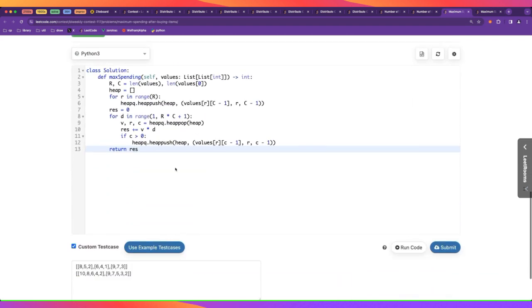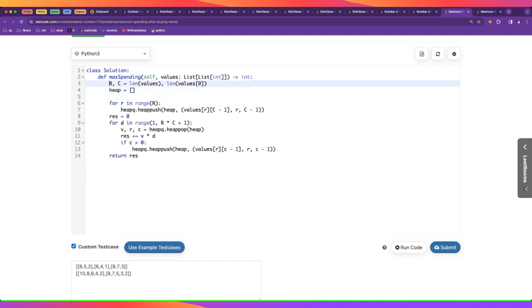Notice that, like I said, you don't need to use the heap if you don't want to. Here I could do a loop and find what the minimum is. So yeah, let's try that.